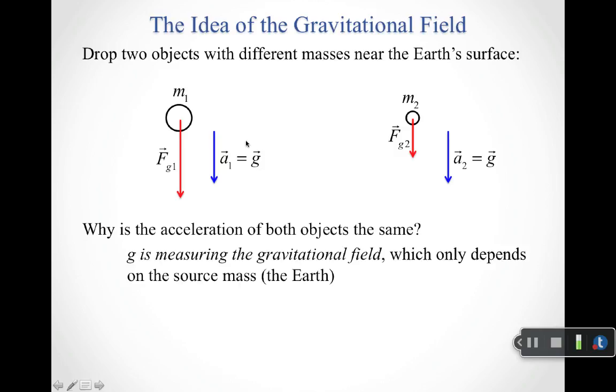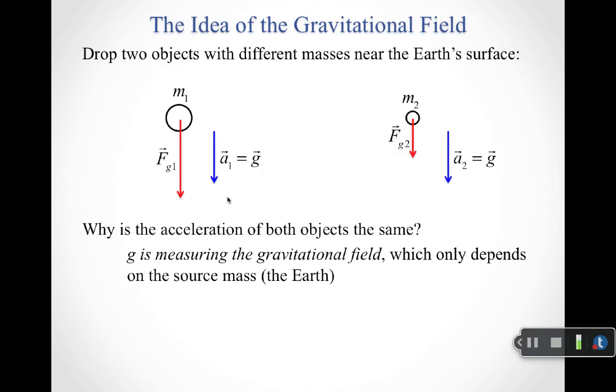The reason is that what up until now we've referred to as the gravitational acceleration is actually measuring the gravitational field, which only depends on the source mass, which in this case is the Earth, and how far away you are from the Earth, which, near the surface, is basically one Earth radius away.